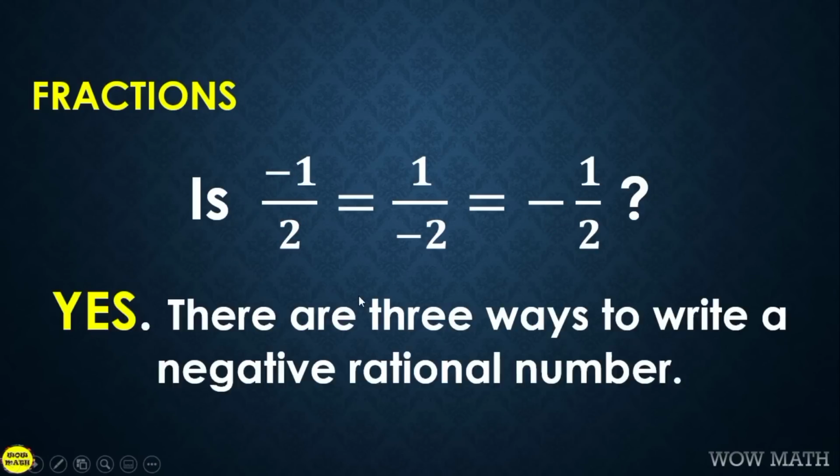The answer is yes. There are 3 ways to write a negative rational number, or 3 ways to write a negative in fraction. Kasi class, kahit ito ay same with negative 1/2 yan. Okay? So negative 1/2 pa rin ito. So kahit ilagay mo yun sa numerator o sa denominator, equal pa rin siya sa negative 1/2.